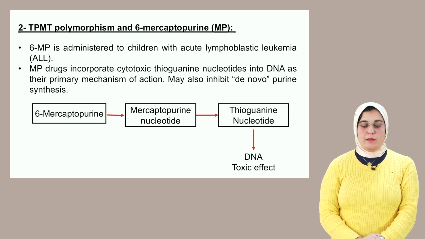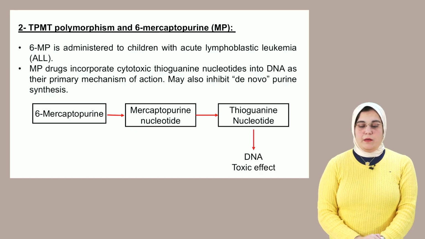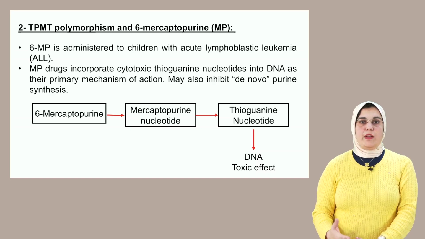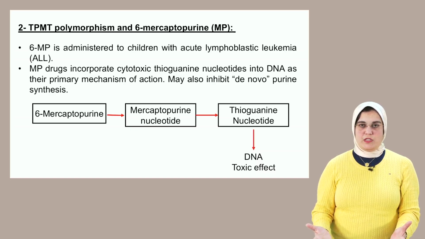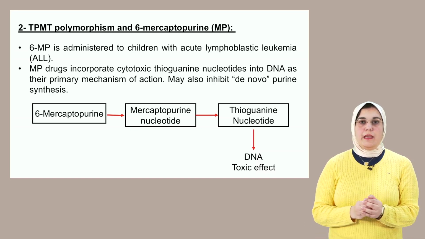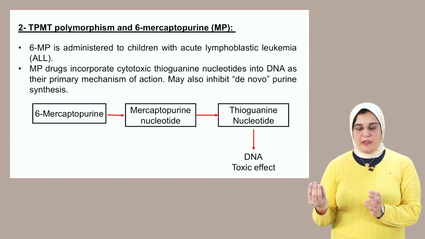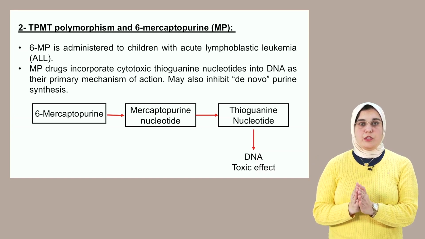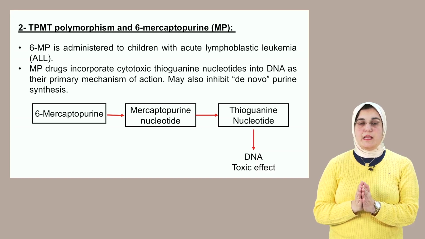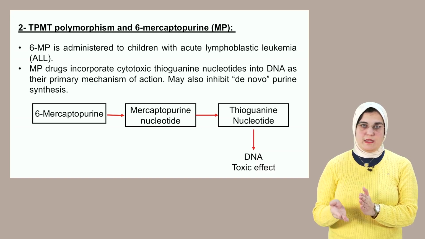How is it metabolized? The mercaptopurine drug has its usual mechanism of action as an anti-cancer drug. It's like a false copy of another nucleotide that the DNA uses to build up the cell.